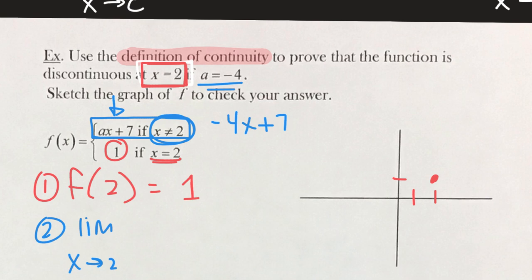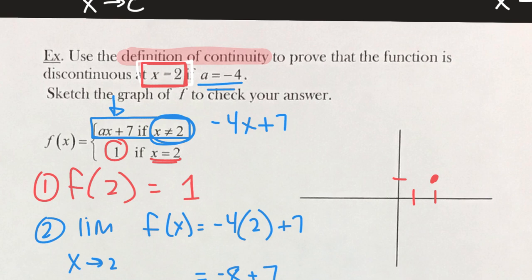So they're telling us that the value of a is negative 4. So how do we find the limit of our function? You plug 2 into our equation. So negative 4 times 2 plus 7 is negative 8 plus 7, which is negative 1.